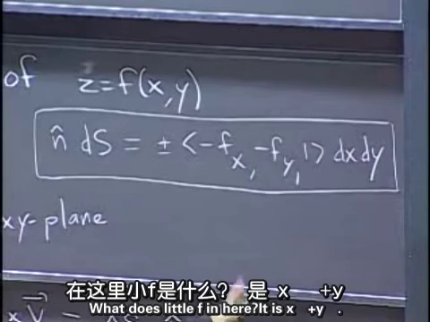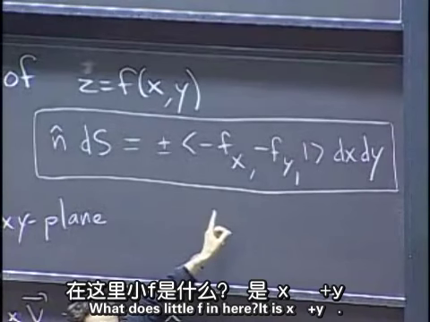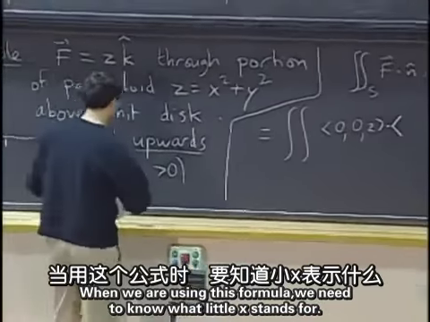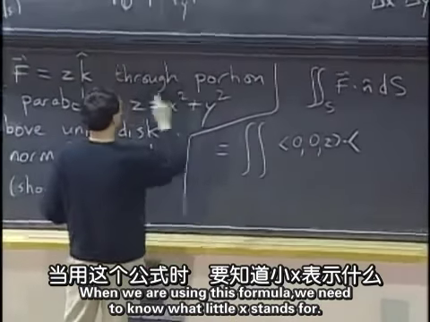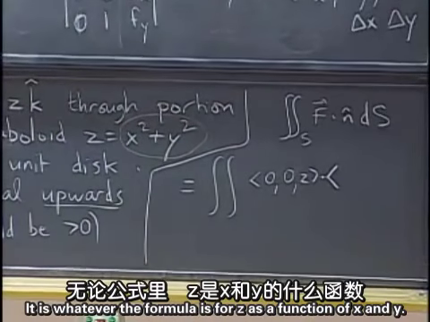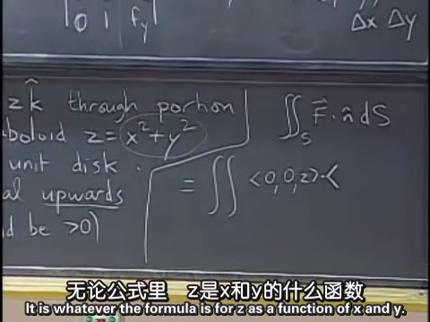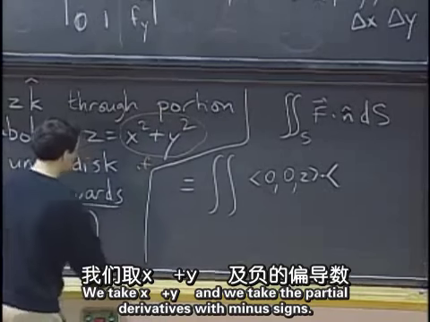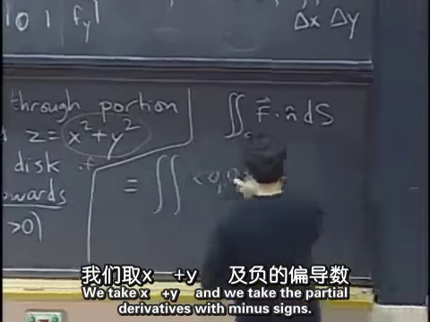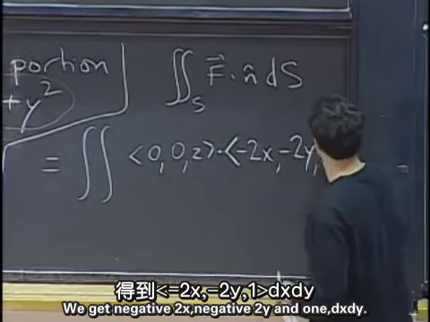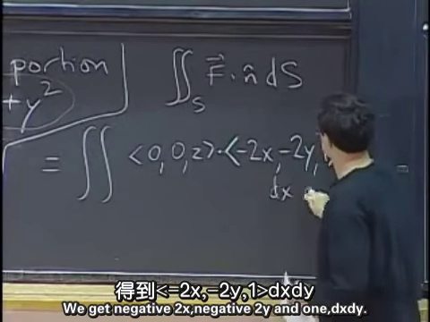What is little f in here? It's x squared plus y squared. So when we're using this formula, we need to know that little f stands for whatever the formula is for z as a function of x and y. So we take x squared plus y squared, and we take the partial derivatives with minus signs, we get negative 2x, negative 2y, and 1 dx dy.